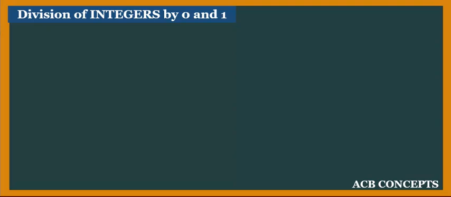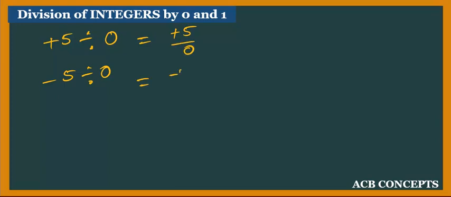Now when an integer is divided by 0, here plus 5 is divided by 0 or minus 5 is divided by 0, what is its value?